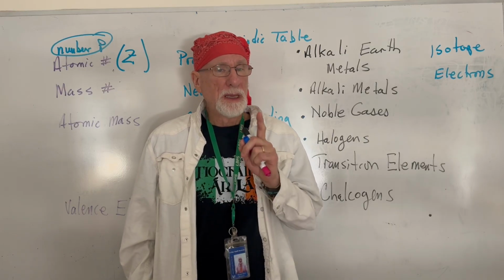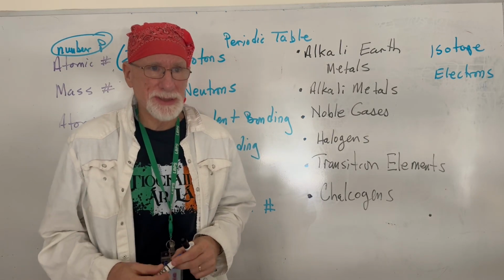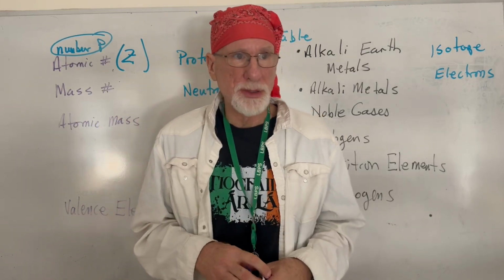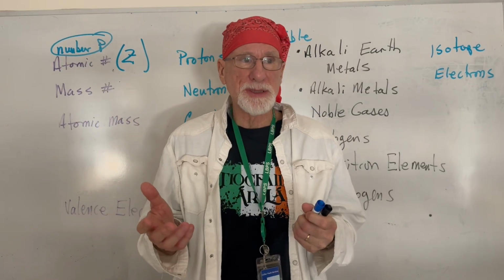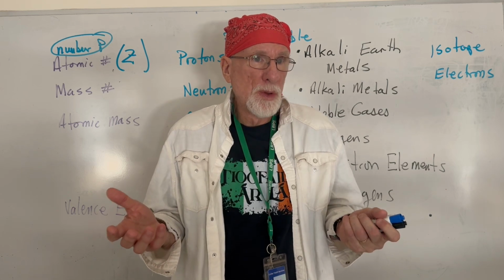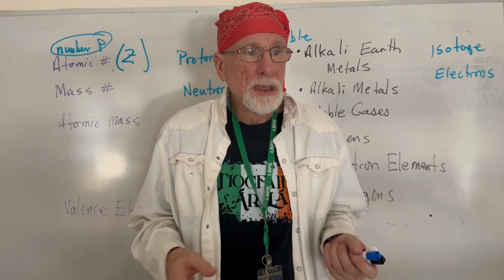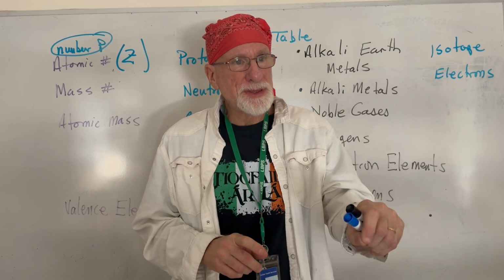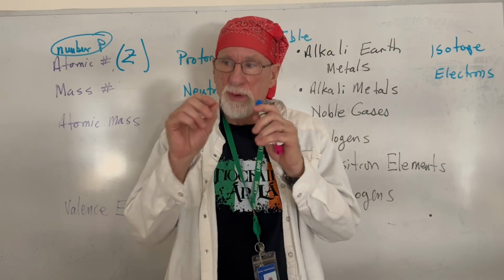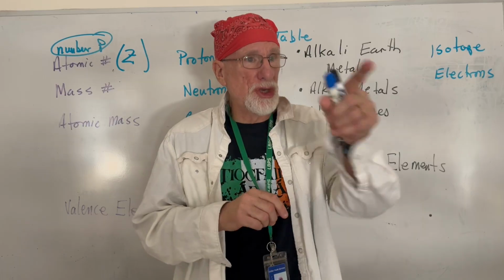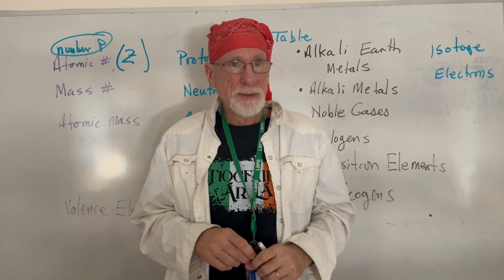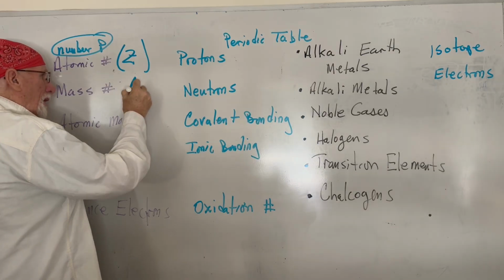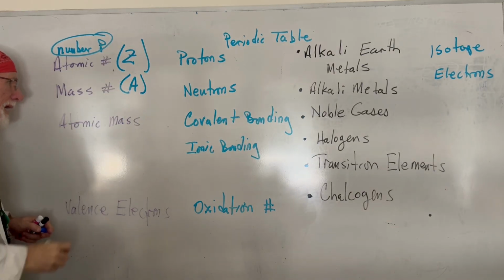Clear? The next one is the mass number. Now, the mass number is not necessarily unique. You could have two mass numbers the same or very similar. It's the atomic number that's unique. But the mass number is the number of protons and neutrons. And it's identified by A, the letter A. That's the abbreviation for mass number.